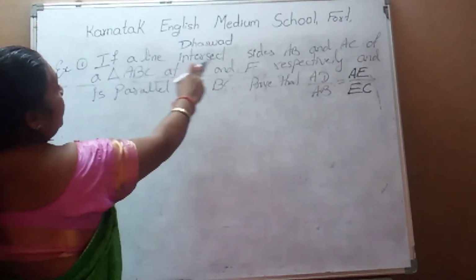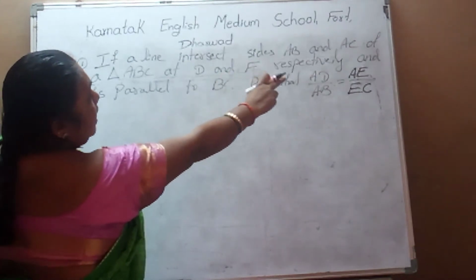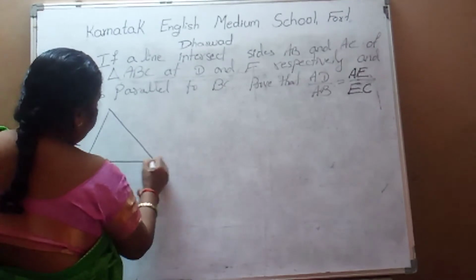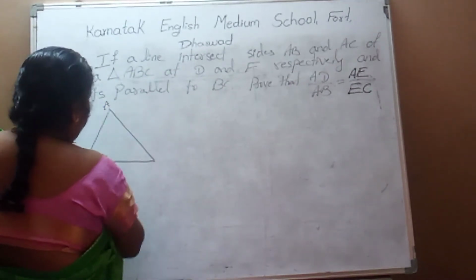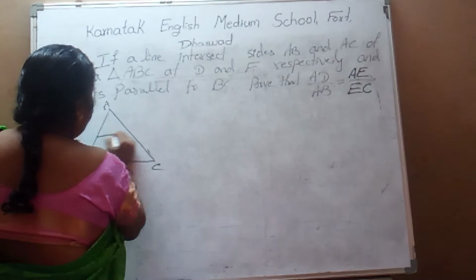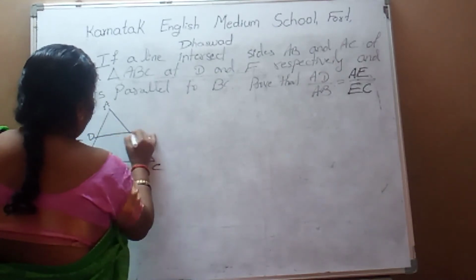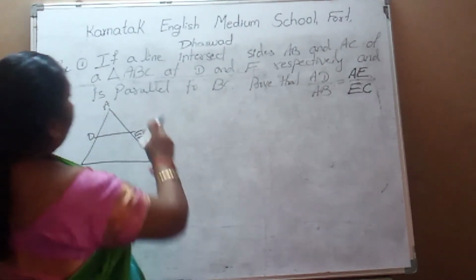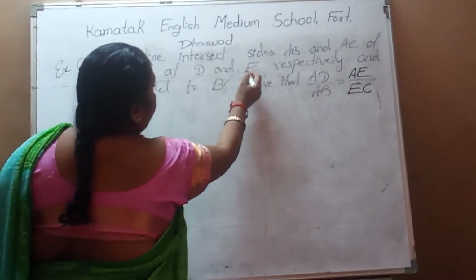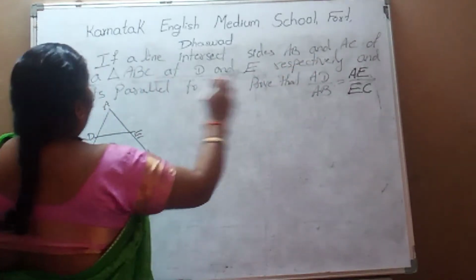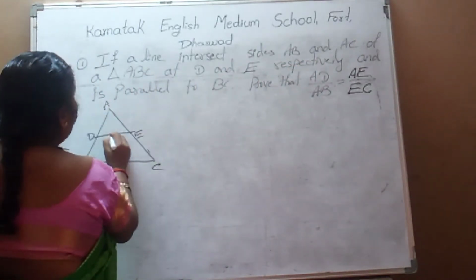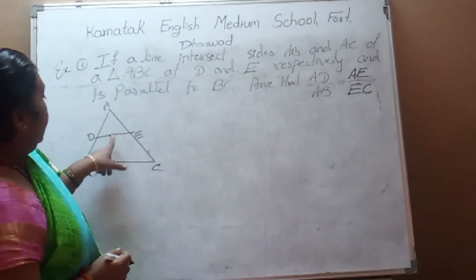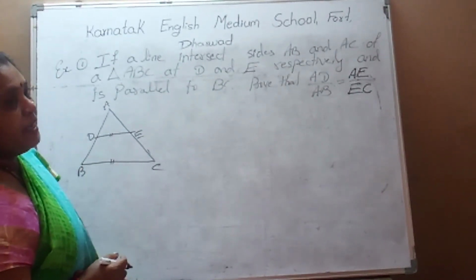If a line intersects sides AB and AC at D and E respectively, and DE is parallel to the other side BC.